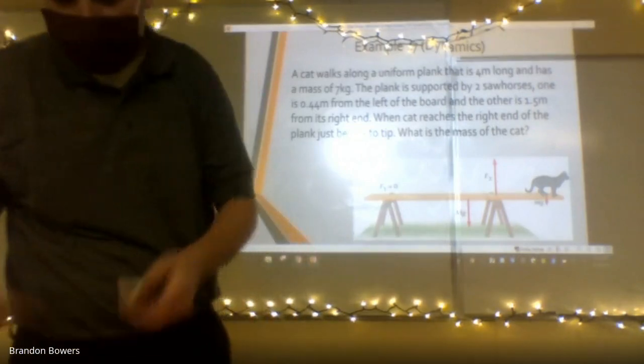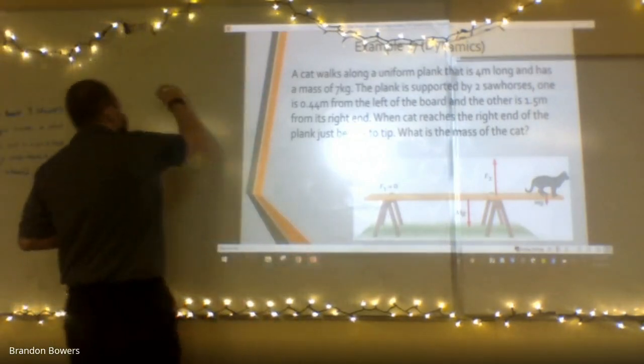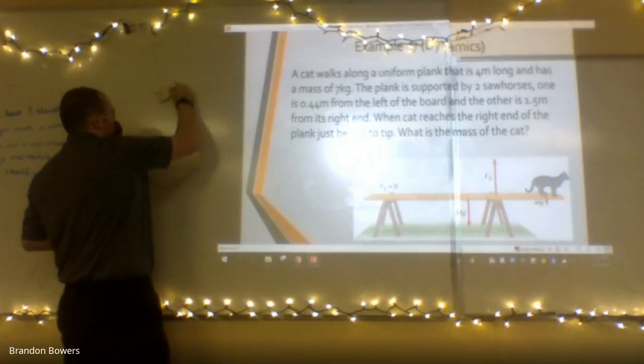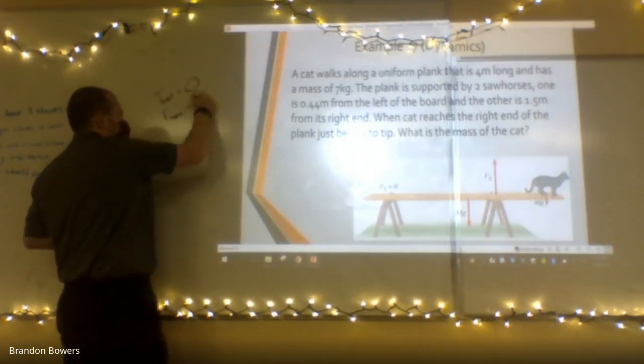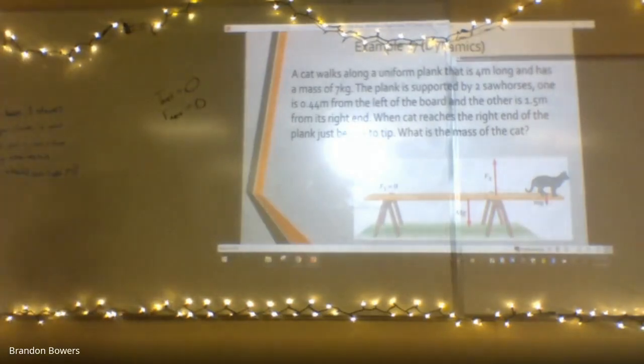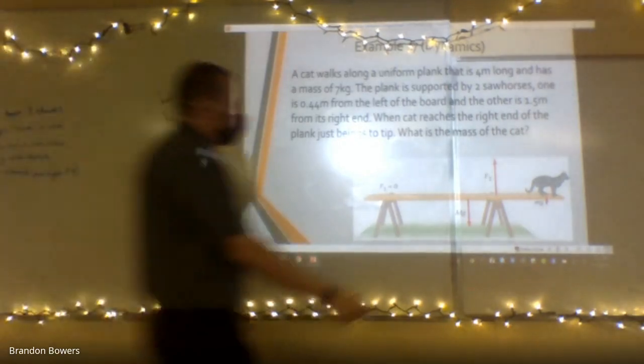Okay. So once again, our net torque has to be equal to 0. Our net force has to be equal to 0. So let's see. A cat walks along a uniform plank that is 4 meters long and has a mass of 7 kilograms.